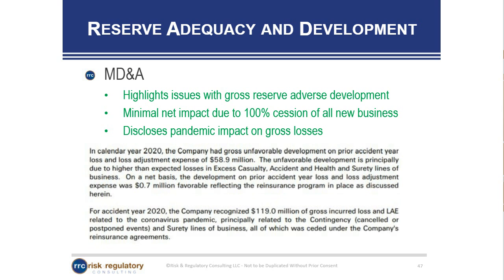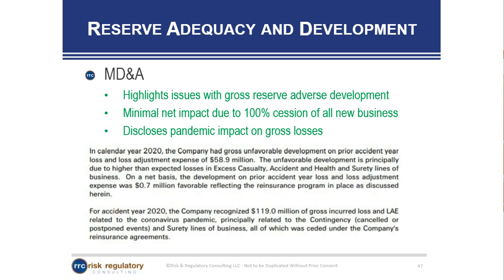The impact to the company on a net basis is almost negligible or zero because of the 100% cession of all new business. Of course, in the event of the default of the reinsurer, which we've already considered in credit risk, those losses could come back to our company.